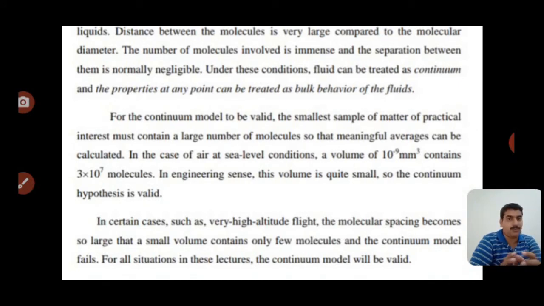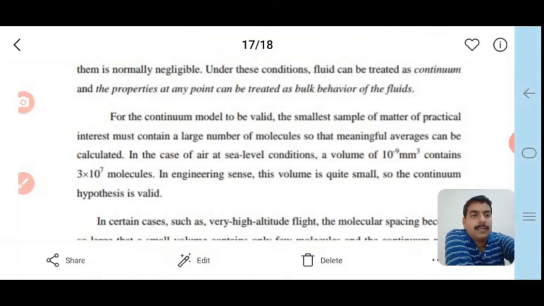This is a huge quantity of molecules. So we adopt the continuum system to study any types of properties easily. Okay.